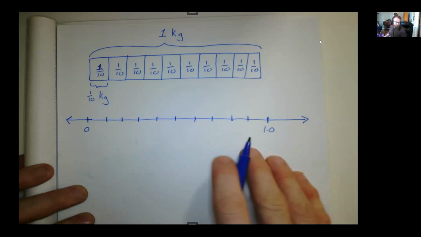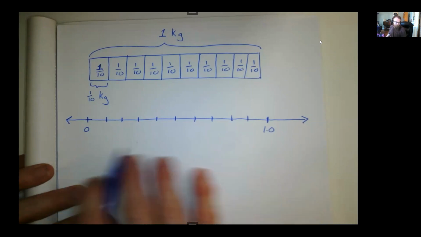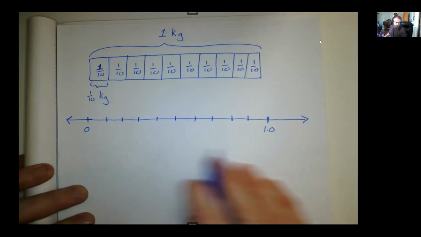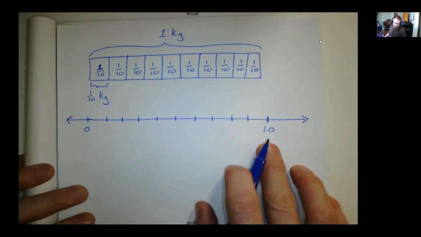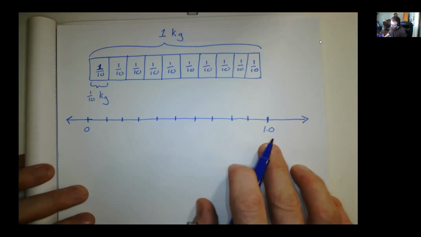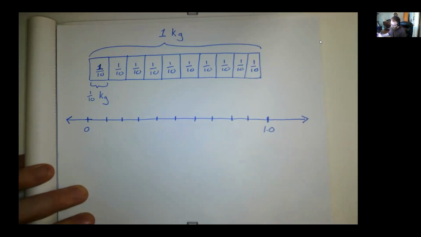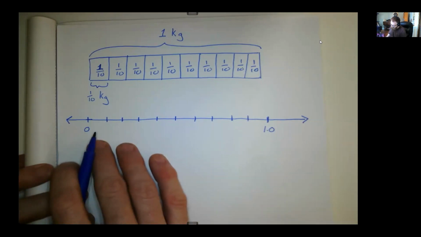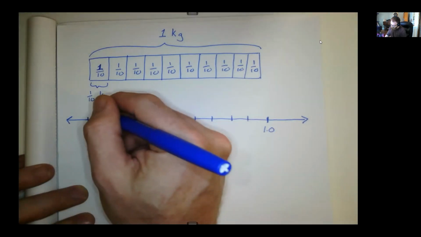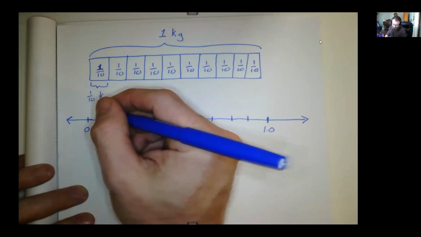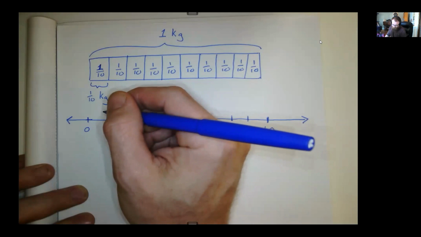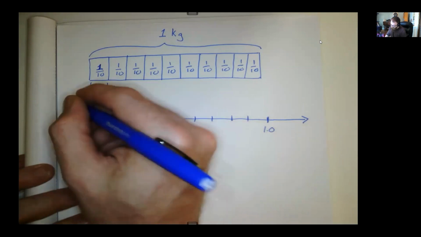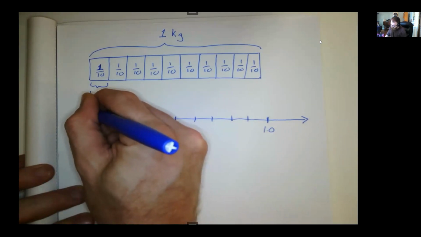Our number line can now be used to count by tenths between 0 and 1. But instead of writing fractions this time, we're going to write our value two different ways, as a fraction and as a decimal. Across the top, we can put our fractions.